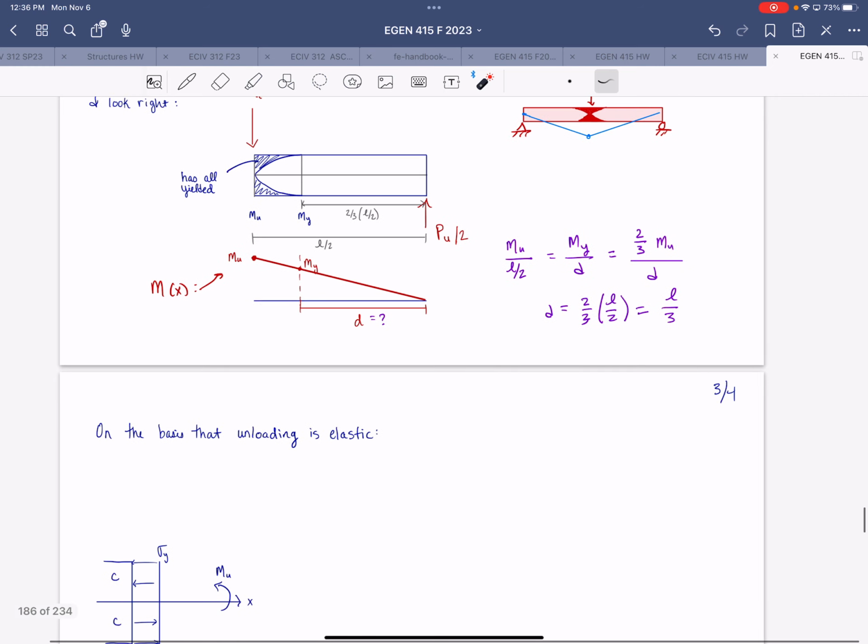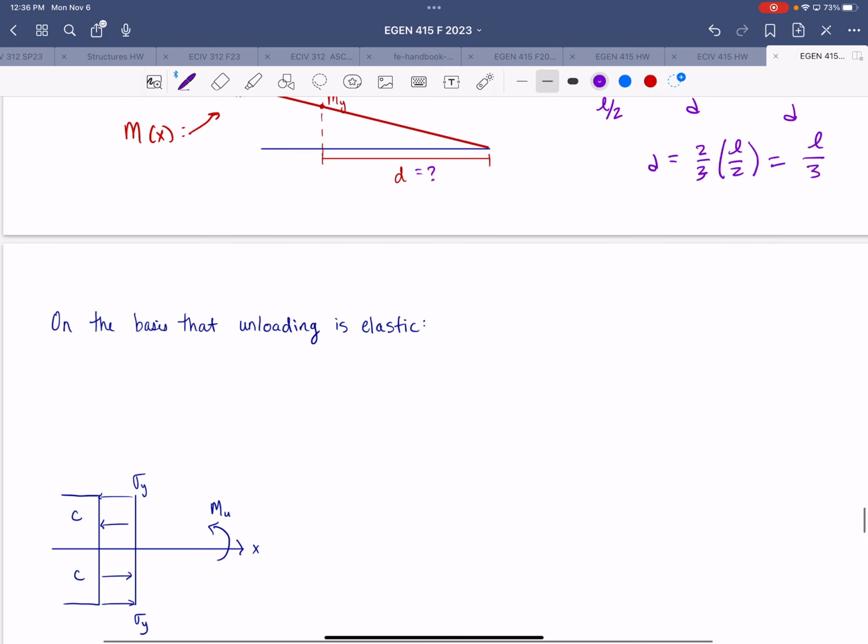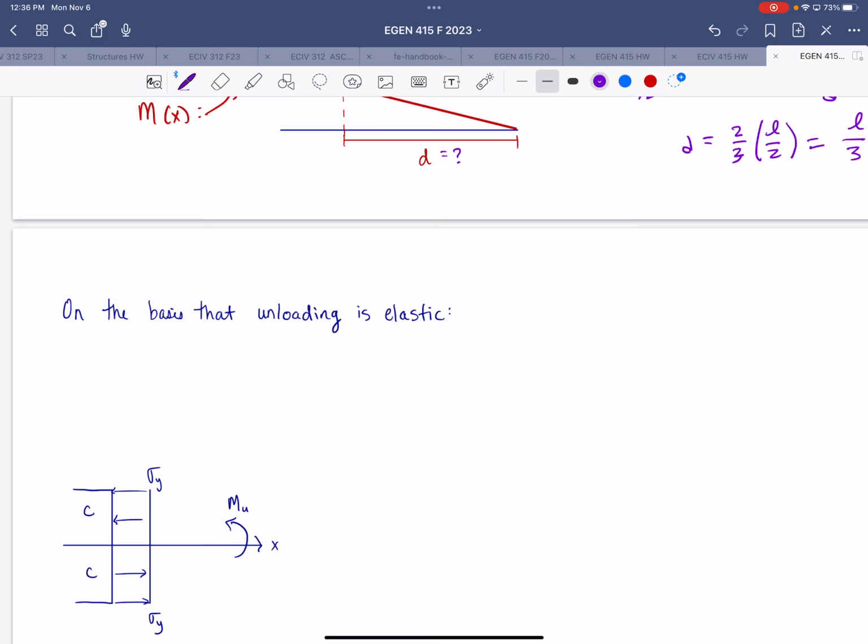Okay, so now that we have investigated the process of reaching that fully yielded state, the plastic hinge, we're going to investigate the process of unloading. So if you have loaded a beam to that point, then using the understanding that unloading is an elastic process, we have our normal stress equals My over I, that's the elastic relationship.